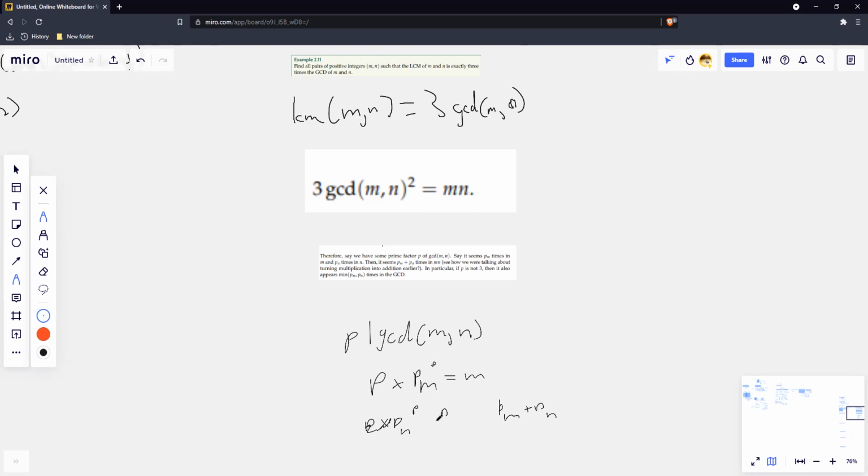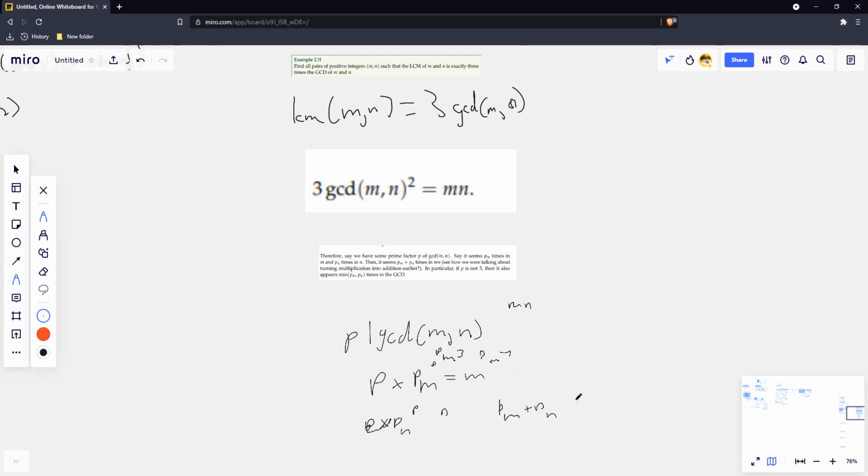And then p appears b times in n. Basically we are turning multiplication into addition, right? We're just saying that if m has p to the power of 3 and n has p to the power of 4, then in mn, when we multiply these two, it appears 7 times.